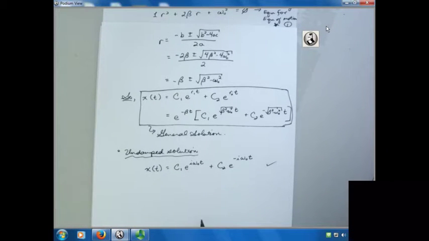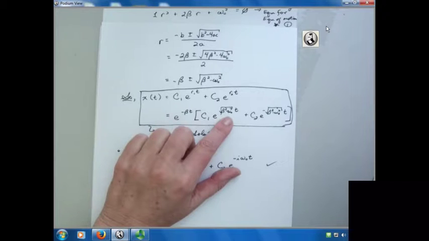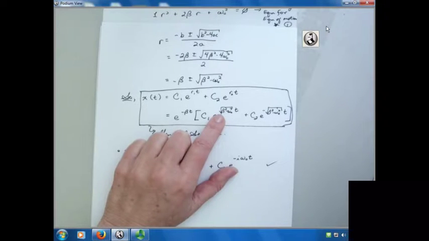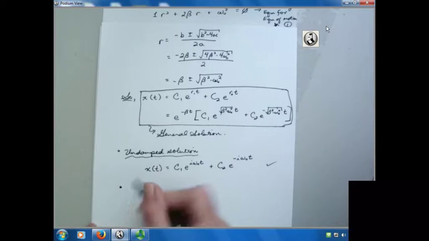Okay, now let's talk about the next case, which we're going to call the weak damping case. That means that beta squared is less than omega naught squared, meaning that beta is less than omega naught. So we're going to consider where beta is in its smaller realm. All right, so we will call this the weak damping solution.